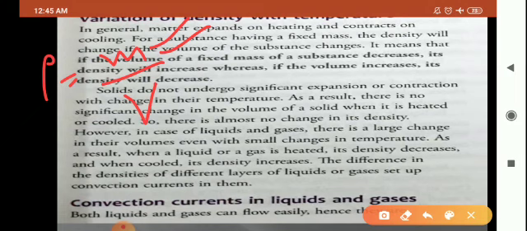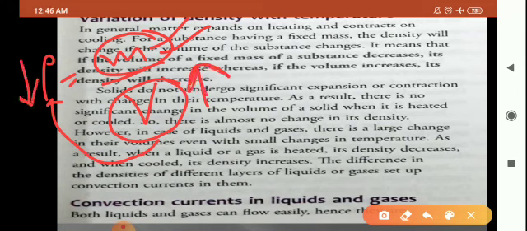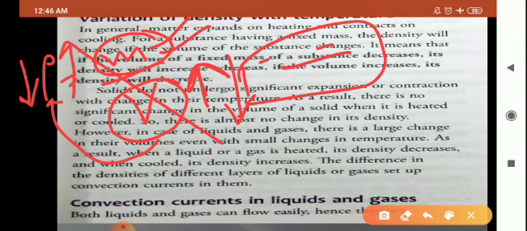If we are fixing the mass, we are not changing mass, and if we are doing any change over the volume, suppose if we are increasing the volume, then since volume and density have an inverse relation, we can say that if the volume is increasing, then density will decrease, because if there will be expansion, that object will become less dense and hence the density will decrease. Same way, if we are decreasing the volume, then what will happen? Density will increase.